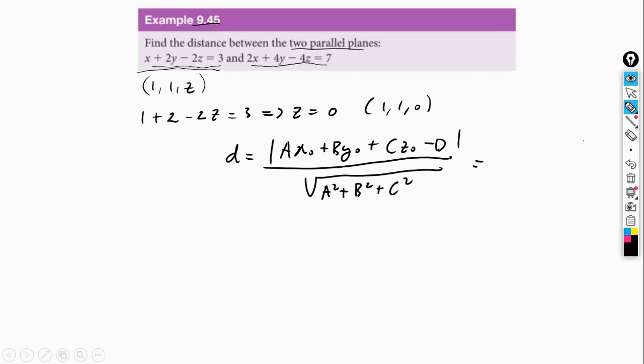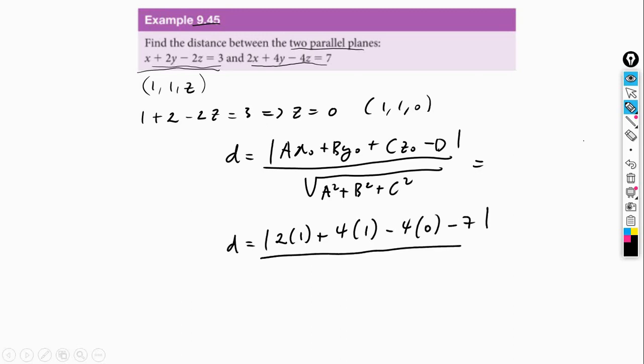So applying this formula, we substitute in here, and we're going to get that the distance is equal to the absolute value of 2 times 1 plus 4 times 1 minus 4 times 0 minus 7, which is d. And this over the square root of 2 squared, which is 4, plus 4 squared, which is 16, plus -4 squared, which is 16. And if you do the math, you're going to get 1 over 6.